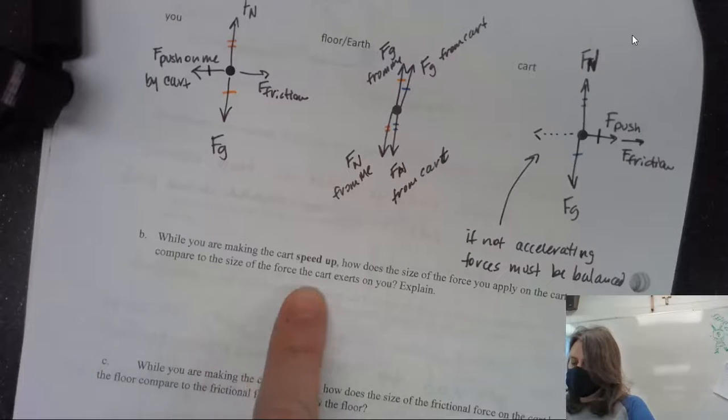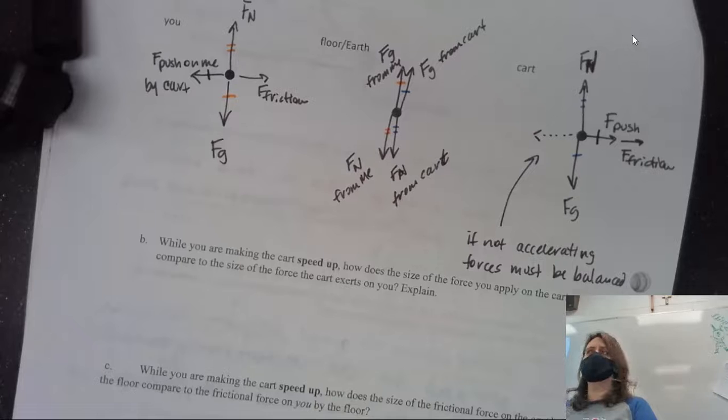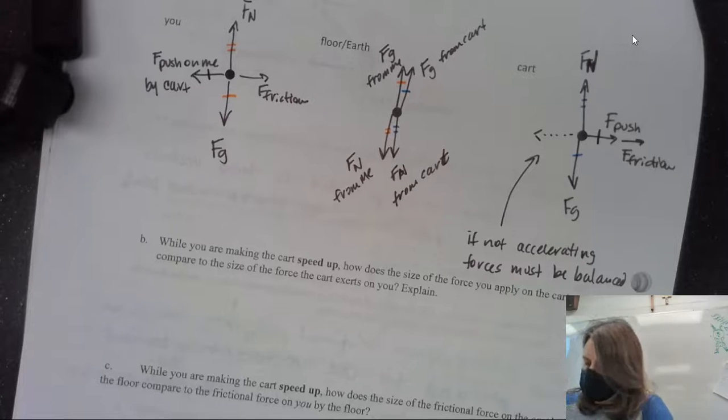Okay, it says when you are making the cart speed up, when we're accelerating, how does the size of the force you apply on the cart compare to the size of the force the cart exerts on you? Well, what did we say before? The force that I apply on that object is going to be the same as the force that object is applying on me. So those two forces are going to be equal.